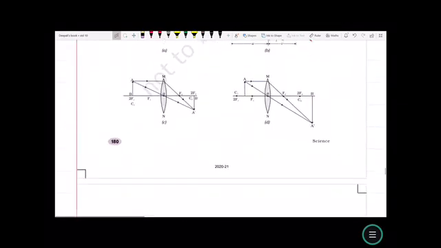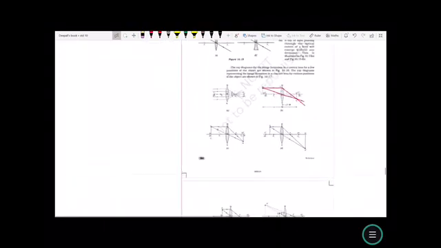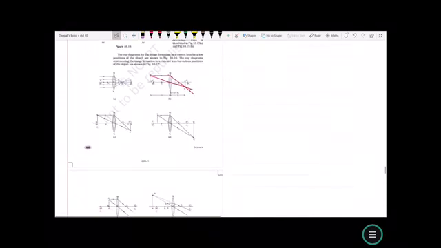Same thing when you go for the third position. Now, when the object is at 2f1, that is at C, you find the image formed again at 2f2 on the other side, which is real, inverted and the same size. Between 2f1 and f1, we get the image beyond 2f2, which is larger than the object, real and inverted.